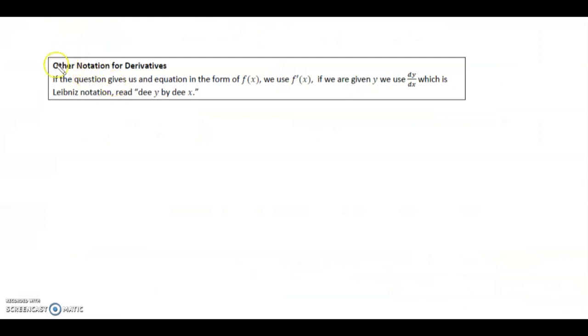Okay, so please note other notations for derivatives. If the question gives us an equation in the form f at x, what we want to do is use f prime at x. We have to make sure that these notations that we're using align. Now, if we're given y, we can use y prime, but what we usually use is dy by dx, which is Leibniz notation.